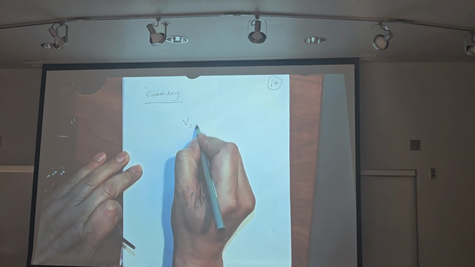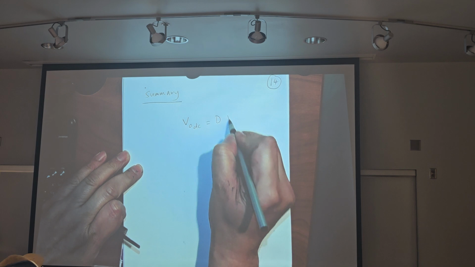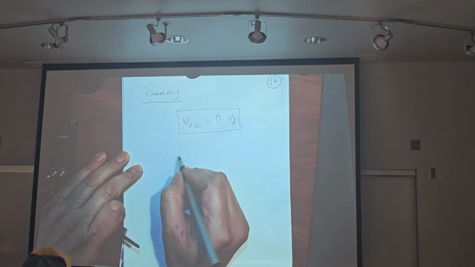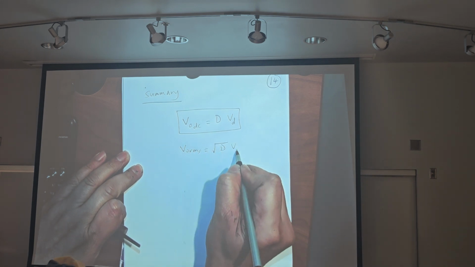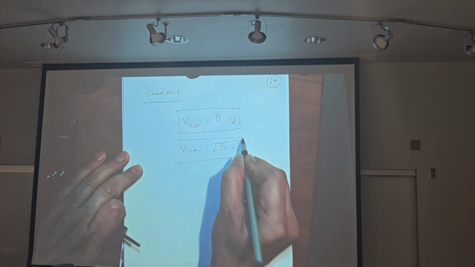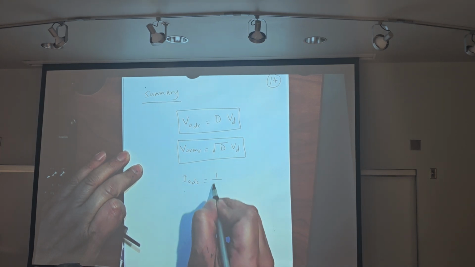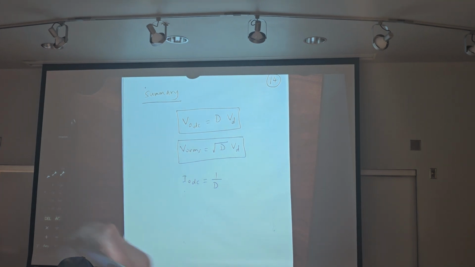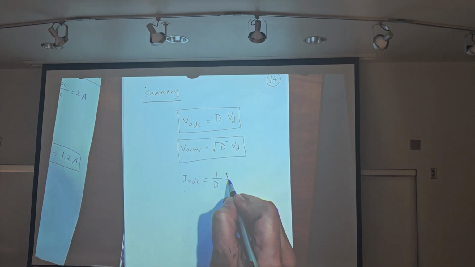V out DC equal duty cycle times VD. V out RMS equal square root of D times VD. I out DC equal 1 over D times ID.